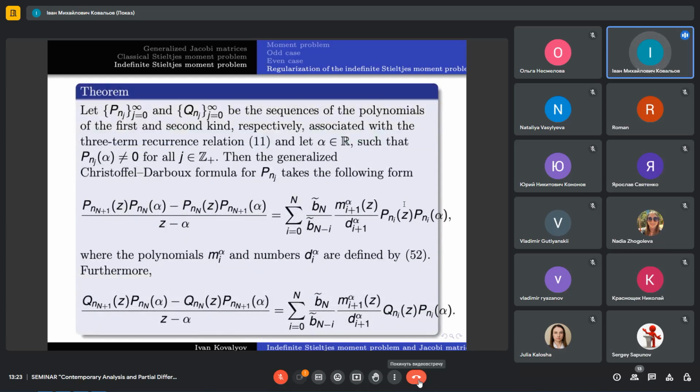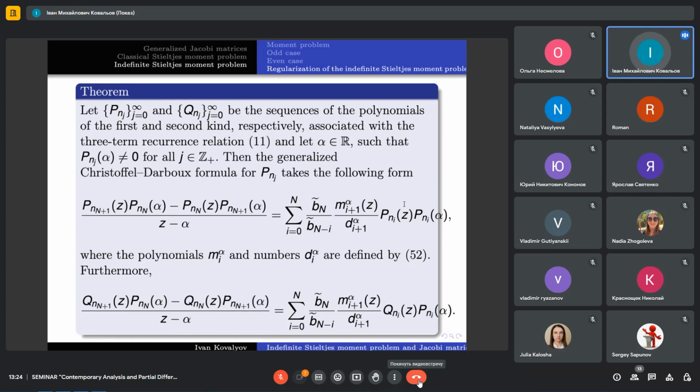And in the next theorem we can see the following. Let P and Q be the sequences of polynomials of the first and the second kind respectively. Let alpha be a real number such that the polynomial of the first kind P does not vanish at alpha.